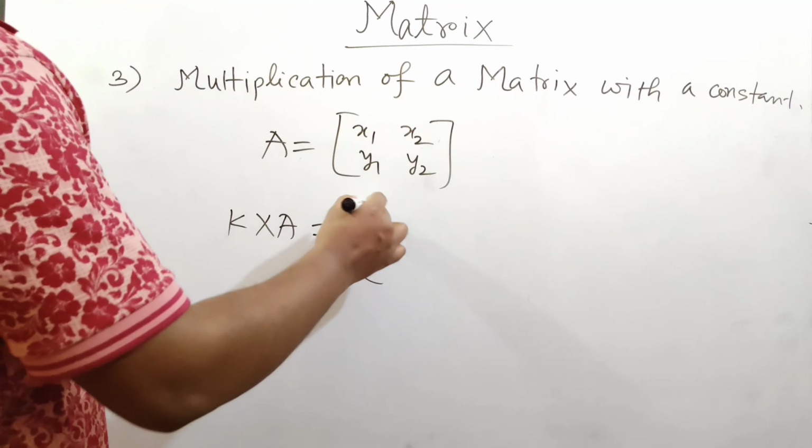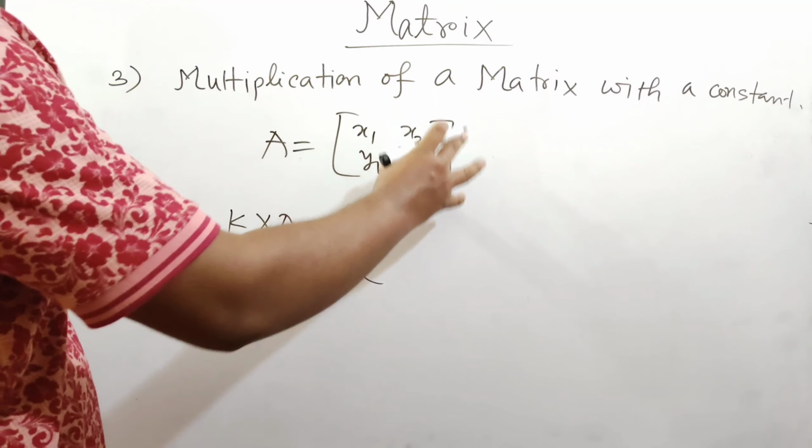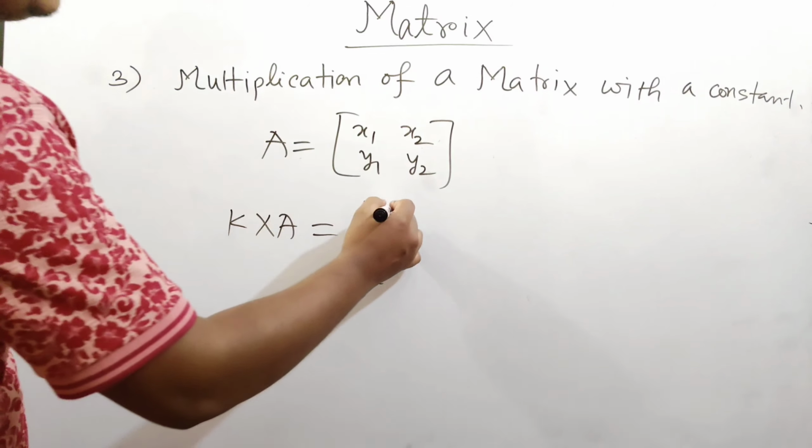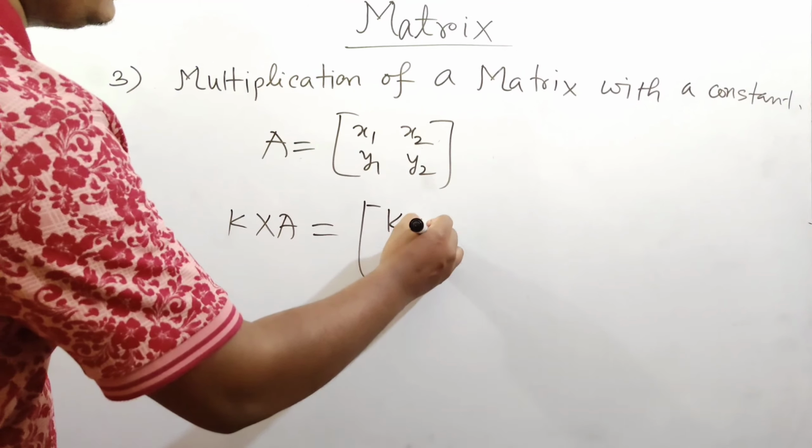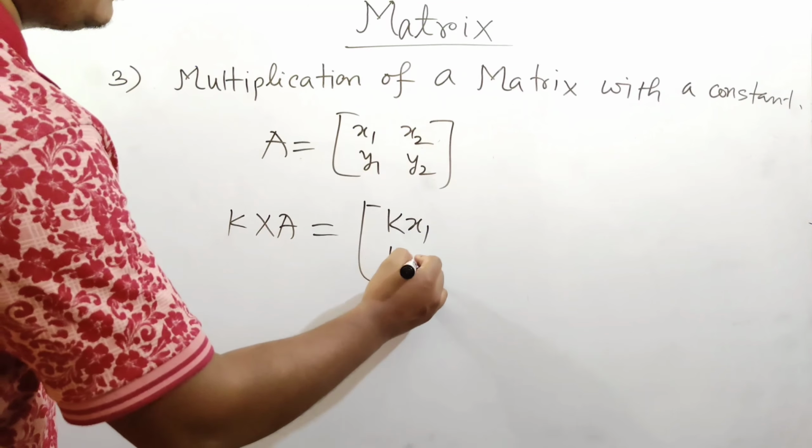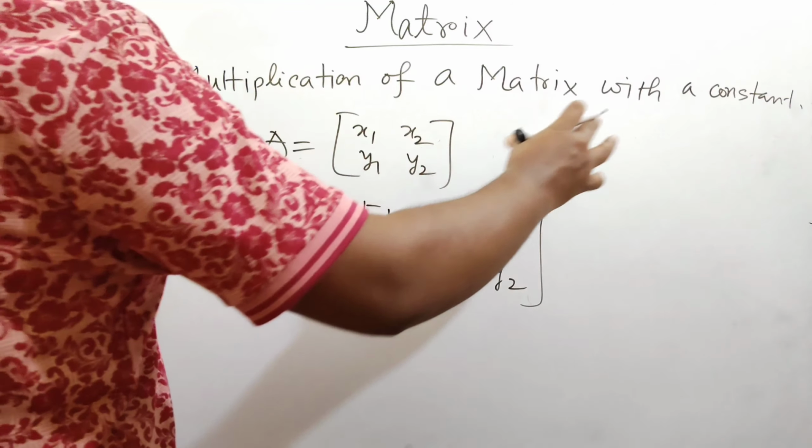You just multiply each of the elements of this matrix by k, that is k multiple x1, k multiple y1, k multiple x2, and k multiple y2. So that way you can easily multiply any matrix with a constant.